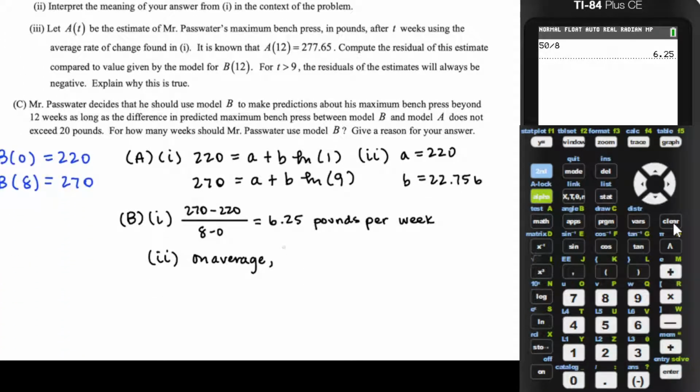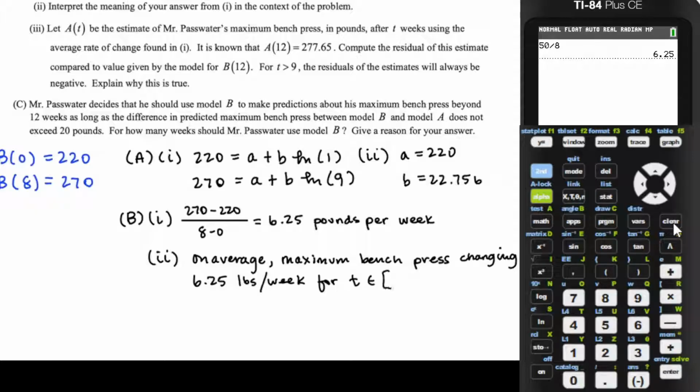Okay, the maximum bench press is changing by positive 6.25 pounds per week for T in the time interval 0 to 8 weeks, in the first 8 weeks of measuring.